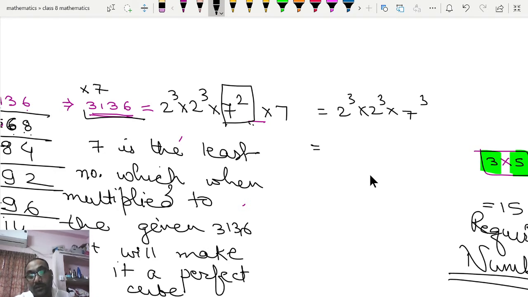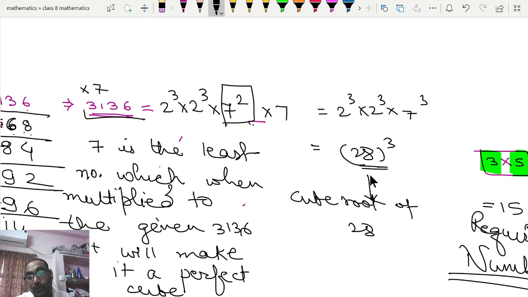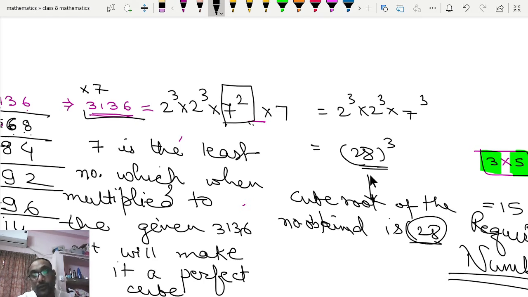It means 4 times 7 is 28, whole cube. So the cube root of the number is 28.